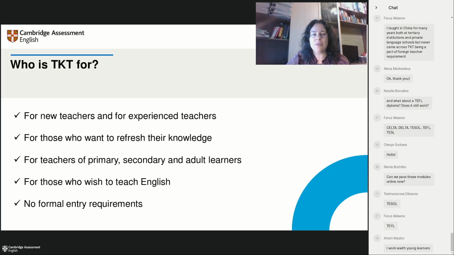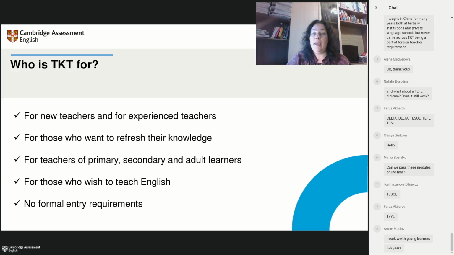The key concepts are highlighted, discussed, and you are assessed on the knowledge of that. And basically there are no formal requirements. You don't have to take an entry test of some kind. You just register and decide which date to choose, and then you come and take the test, right?